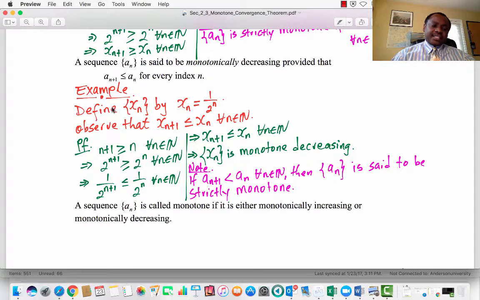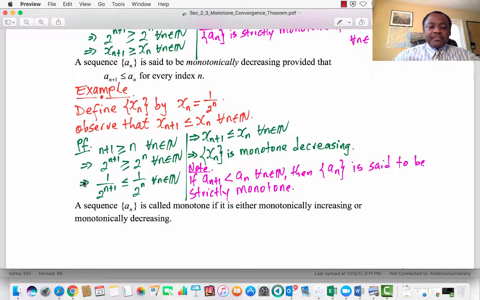Example. Define the sequence xn by xn equals 1 divided by 2 raised to the power n. Observe that x(n+1) is less than or equal to xn for every natural number n. As before, n+1 is greater than or equal to n for every natural number n, and that implies 2 raised to the power n+1 is greater than or equal to 2 raised to the power n, and that holds for every natural number n.